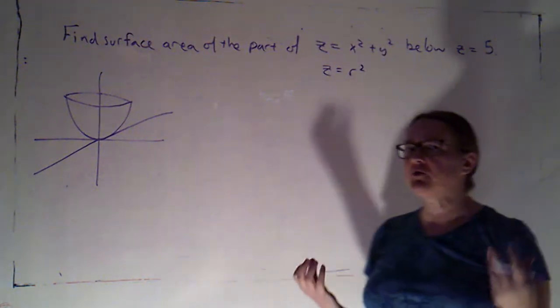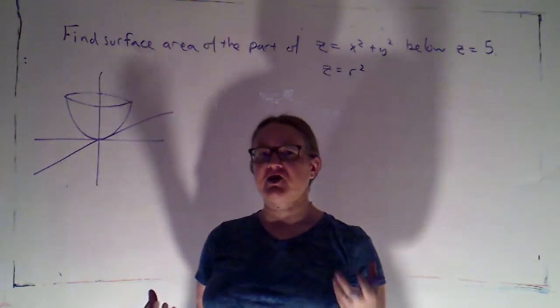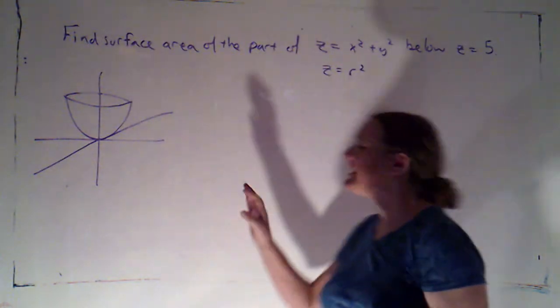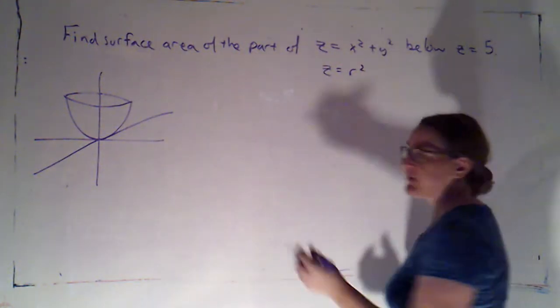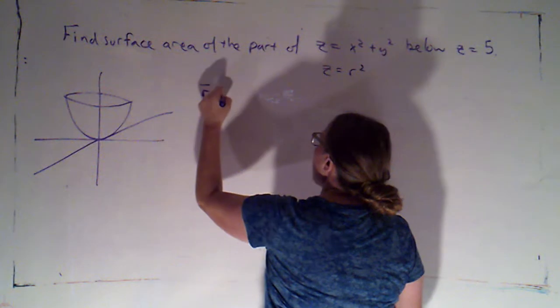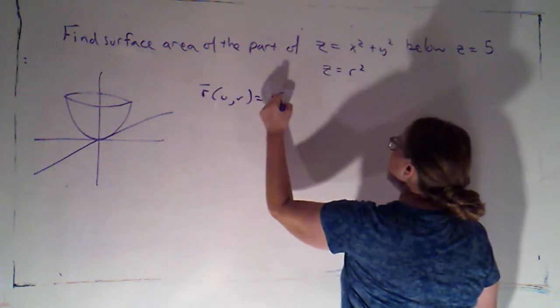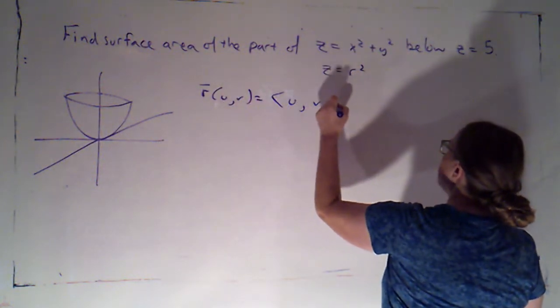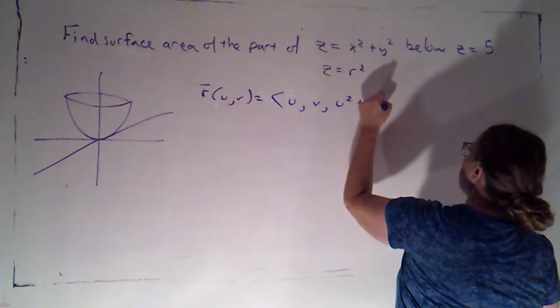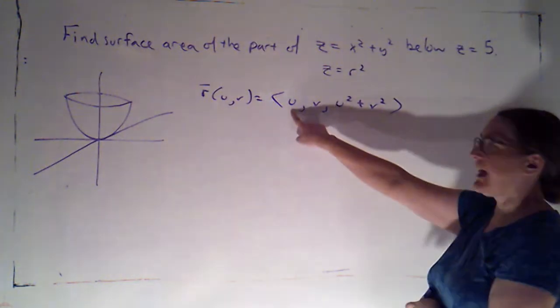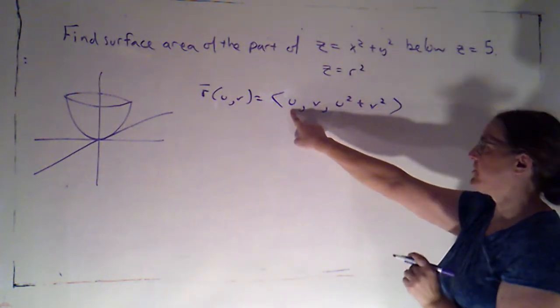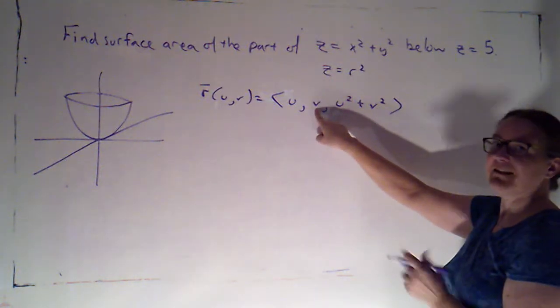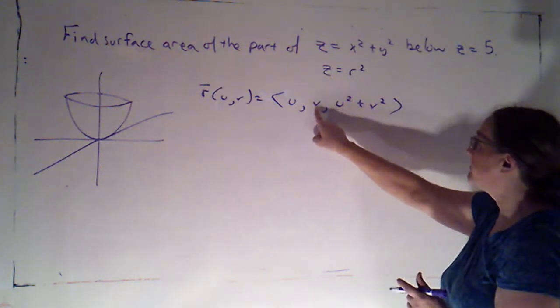So there are two very nice parameterizations that I could use, because here z is already a function of x and y. So I could use r of u, v equals u, v, u squared plus v squared, simply letting x be my first parameter u and y be my second parameter v.